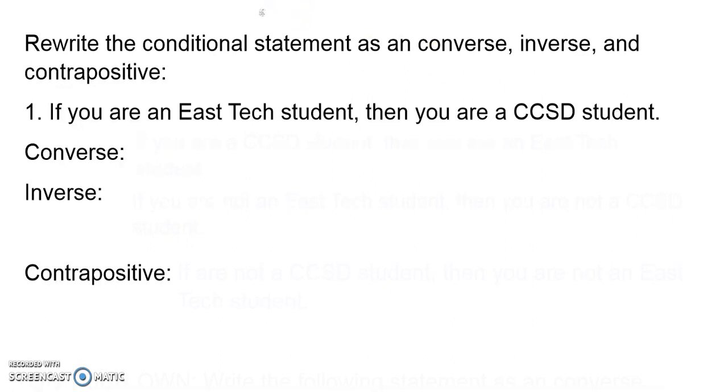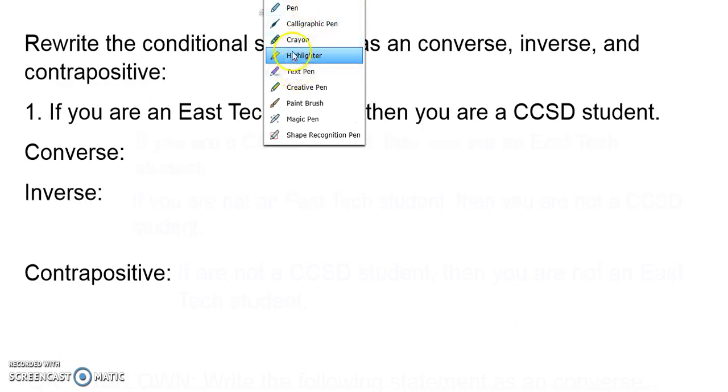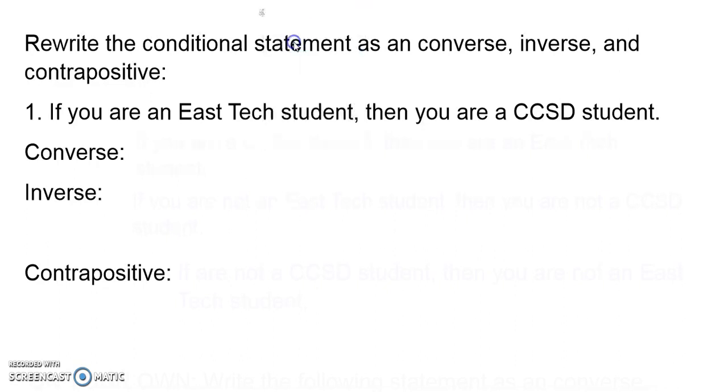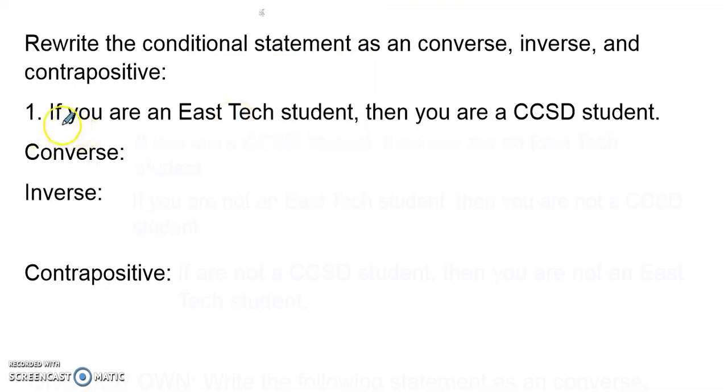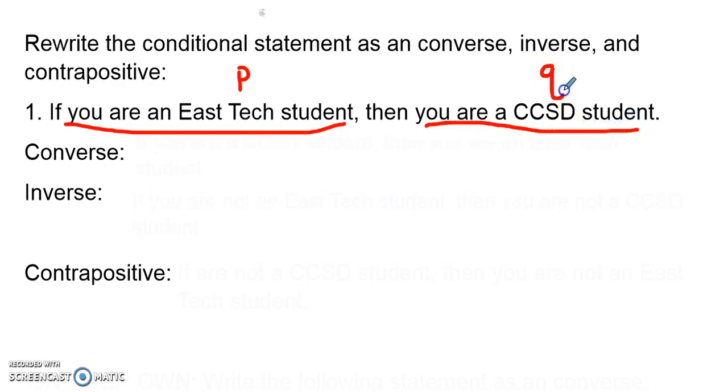What I can do, to help me out when I'm doing this, is label the P and Q. So if you are an East Tech student, that is my P. Then you are a CCSD student is my Q. I can follow the formula of what I wrote in the previous definitions to help me switch these up. The parts I'm going to be moving around are you are an East Tech student and you are a CCSD student. The if and then will stay in their spots.